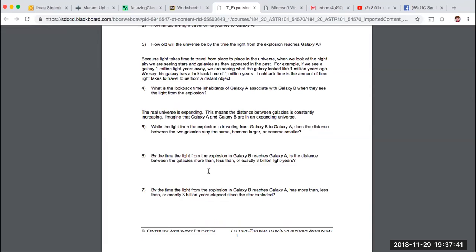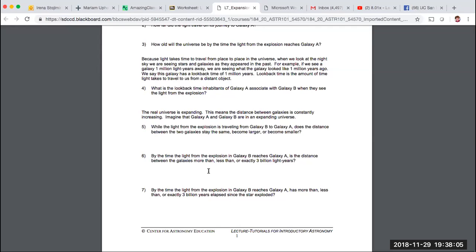Okay, it's number 6. By the time the light from the explosion in Galaxy B reaches Galaxy A, is the distance between the galaxies more than, less than, or exactly 3 billion light years? It's more than 3 billion light years. Yeah, very good. It's more. Next one.